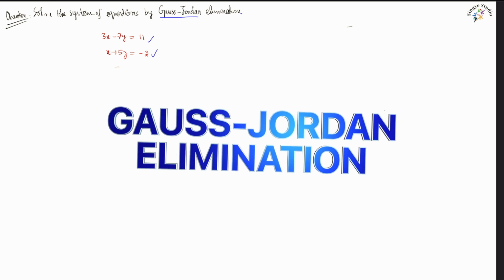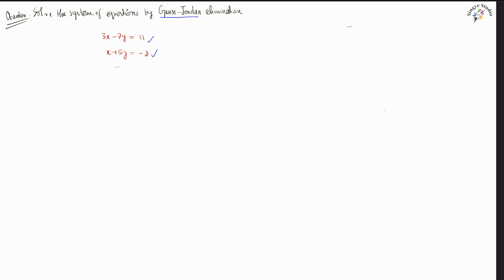Therefore, let me express this first into matrix form, which is 3, -7, 1, 5 times the matrix x, y equals 11, -3. This is the product matrix, okay?